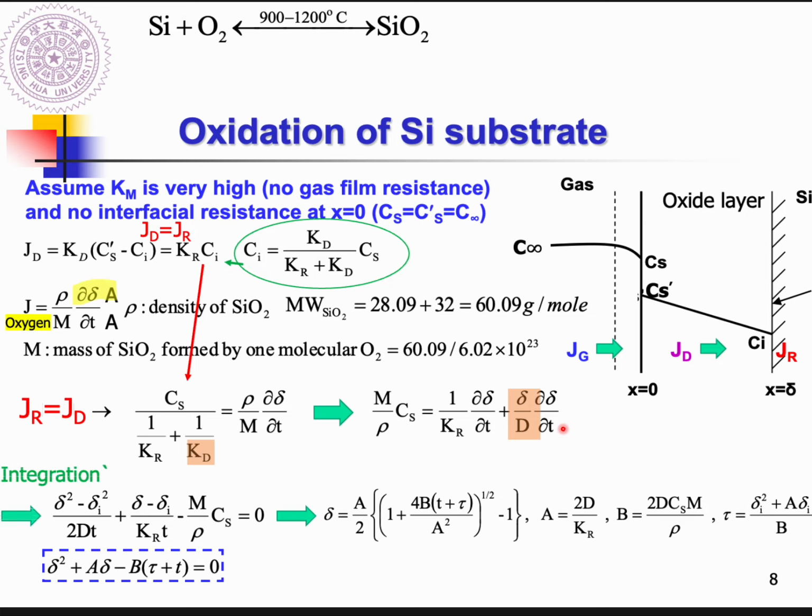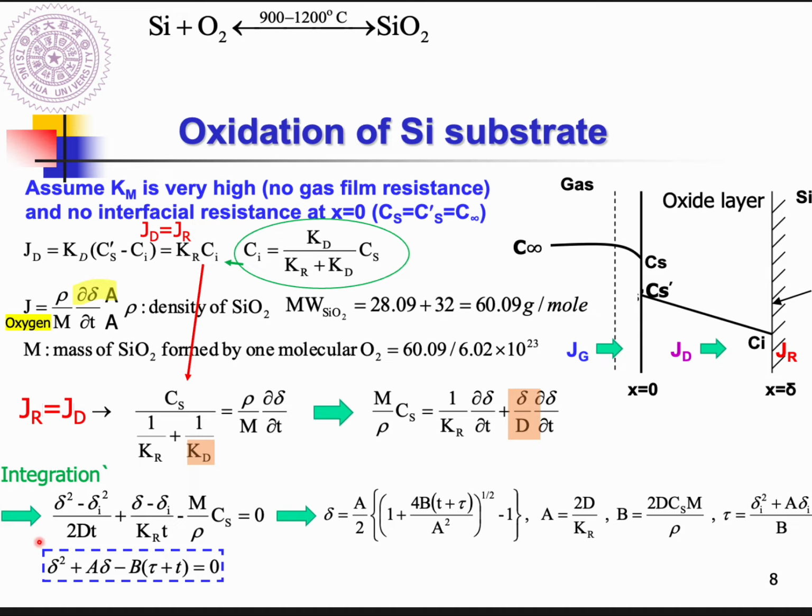So we take the integral on both sides, and t is from 0 to time t, and delta is from delta I. Delta I is the initial thickness of silicon dioxide.